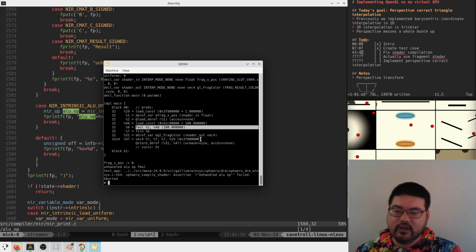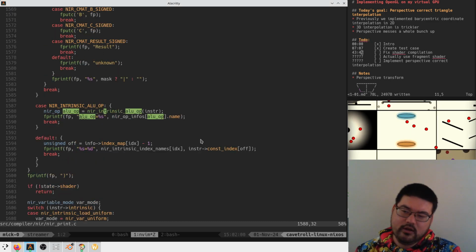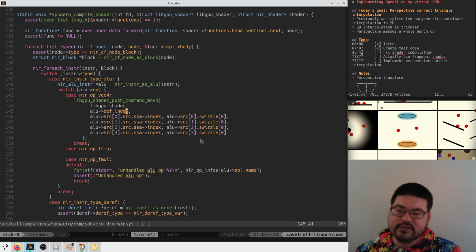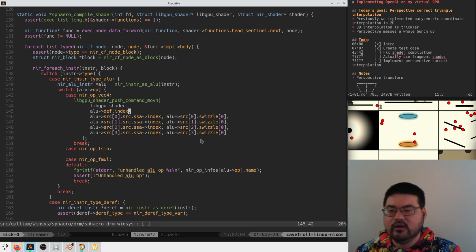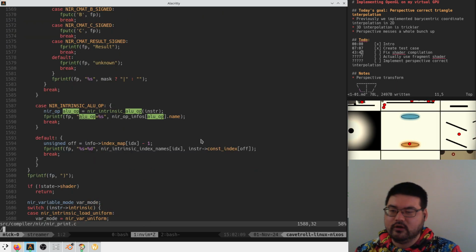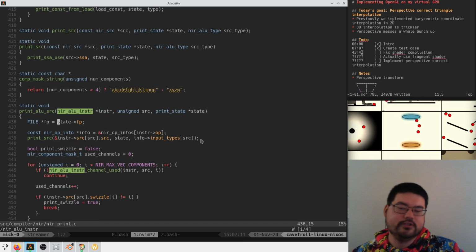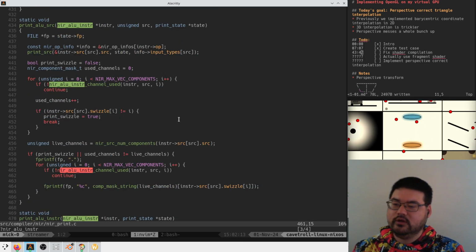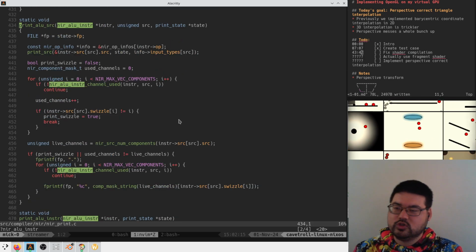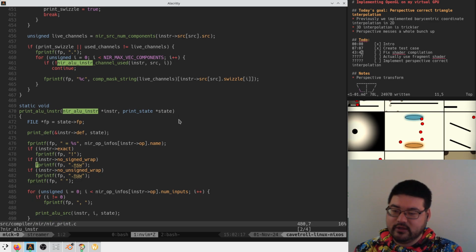Since fmol isn't in here, we can probably just follow the same thing that we're doing here. Can we look for NIR ALU instruction here? So this is how they print an ALU source, and this is from print ALU instruction, right?